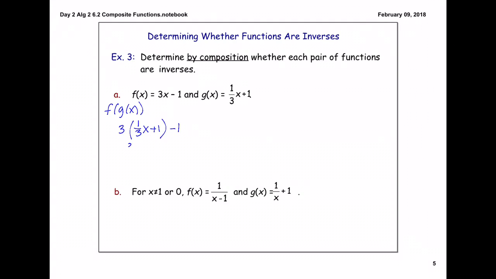We multiply fractions, so we get 3 over 3x plus 3 minus 1. We get x plus 2. This does not equal x, so these are not inverses of one another.